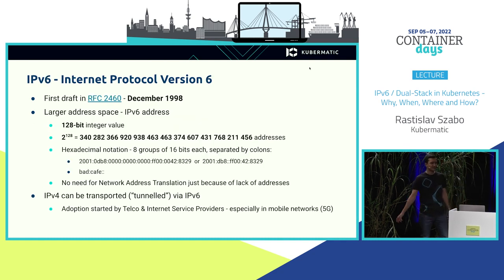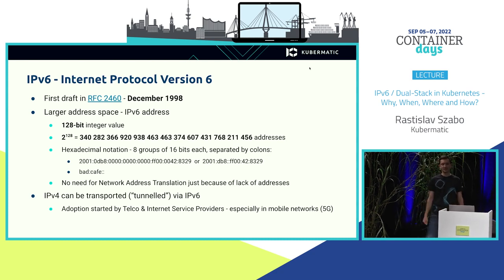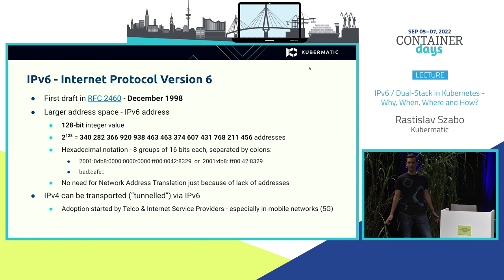So the possible solution to the IP address space problem is IPv6, the new Internet Protocol version 6, which is actually also quite old. It was drafted in 1998, but the adoption still did not happen, so it's in progress.